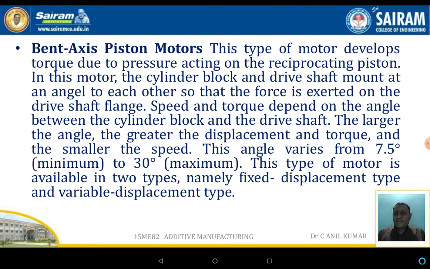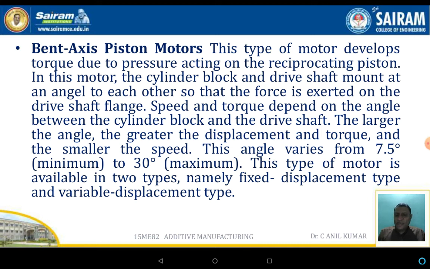Next is the bent axis piston motor. This type of motor develops a torque due to the pressure acting on the reciprocating pistons. In this motor, the cylindrical block and the driving shaft are mounted at an angle to each other so that force is exerted on the driving shaft flange. The speed and the torque depend upon the angle between the cylindrical block and the driving shaft.